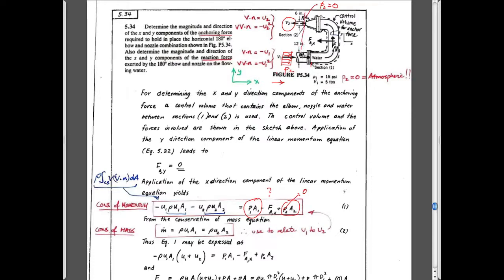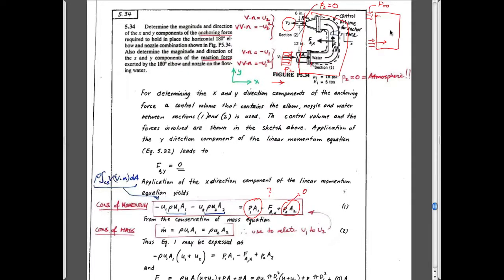So if the control volume goes around here, and we draw it out over here, then inside this control volume there's a pressure acting here, and there's a velocity acting in this direction. Here there's no pressure acting because this is 0, and there's a velocity out. So all the forces and the velocities that you have are acting only in the x direction.